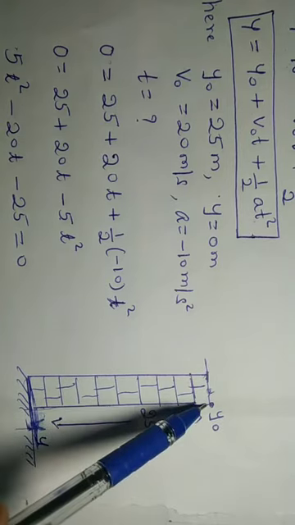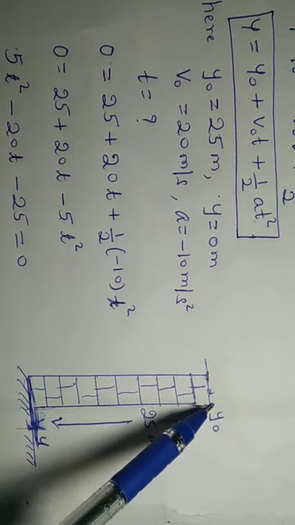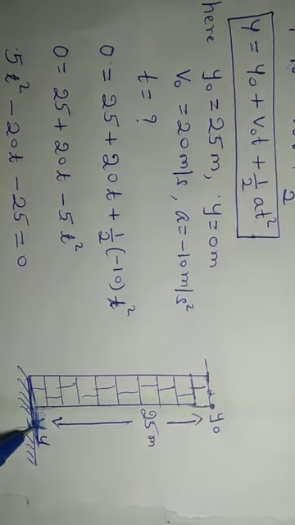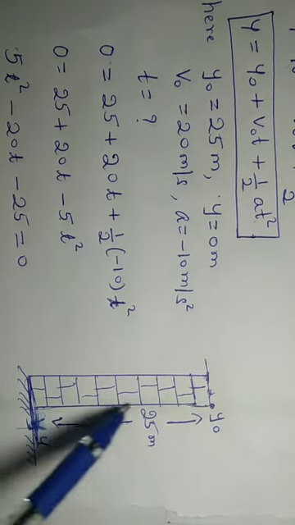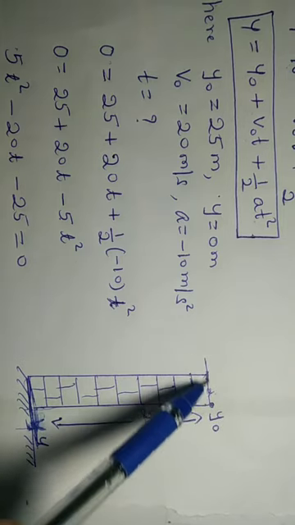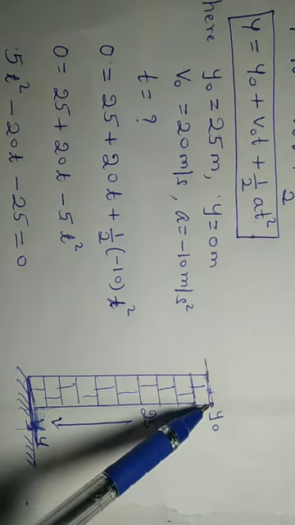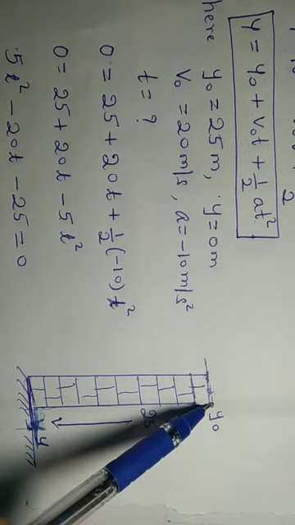It was at the height 25 meter. It is given in the problem. So this is the initial position, this is the final position. The ball was at 25 meter above, on this multi-story building. Therefore this is the initial height or initial position.